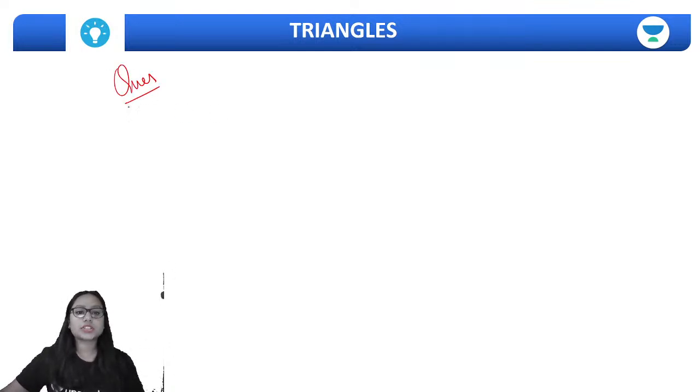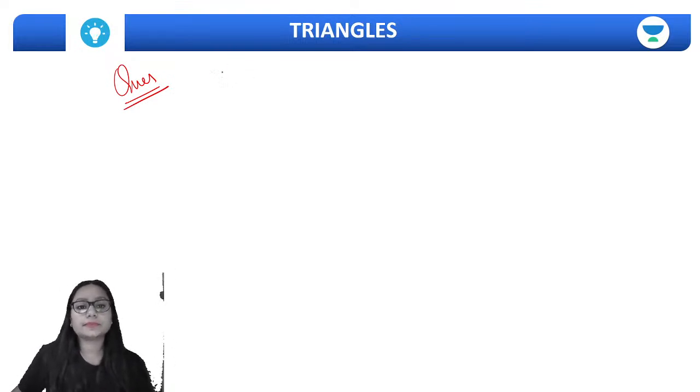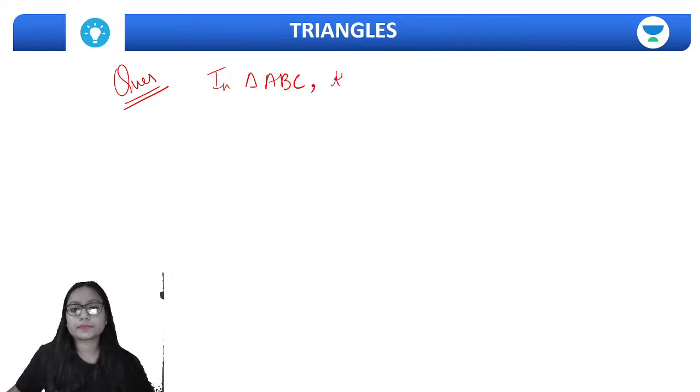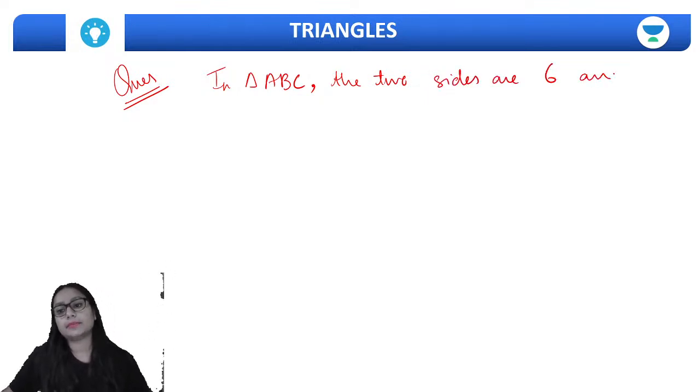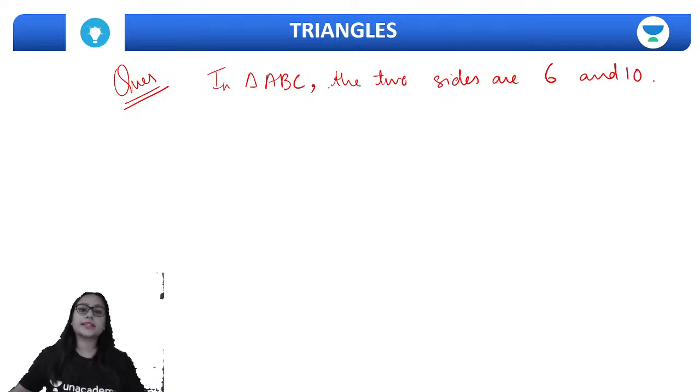Please understand the question properly and try to answer. In triangle ABC, the two sides of the triangle are 6 and 10. This is the length of two sides.